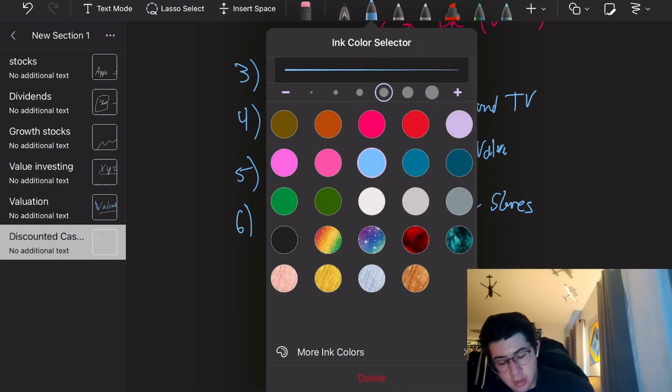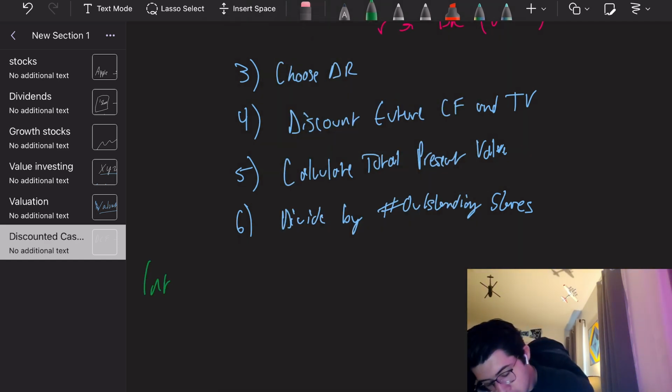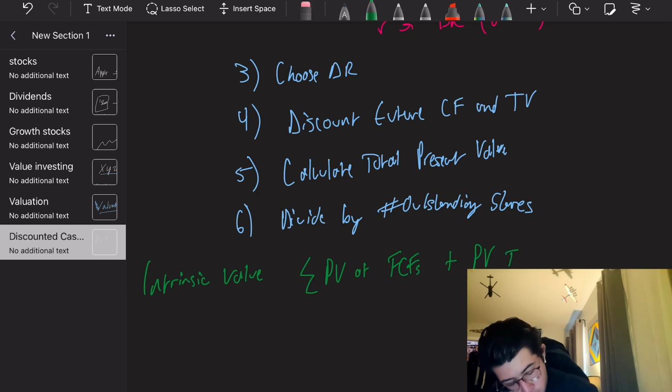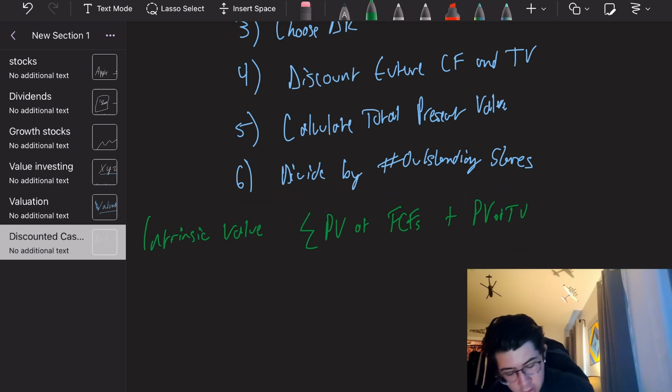So here's the formula. Essentially this is just your discounted cash flows, and then this is just discounted terminal value. So I'll do DTV for that.